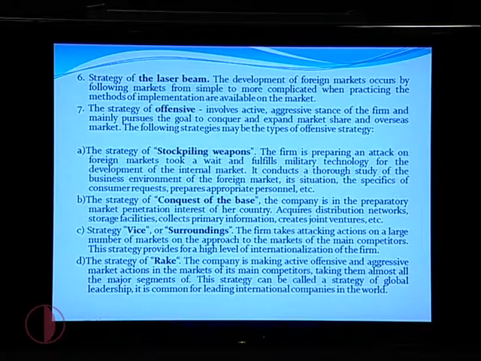The company is in the preparatory market penetration interest of its country. It acquires distribution networks, storage facilities, collects primary information, creates joint ventures, etc.